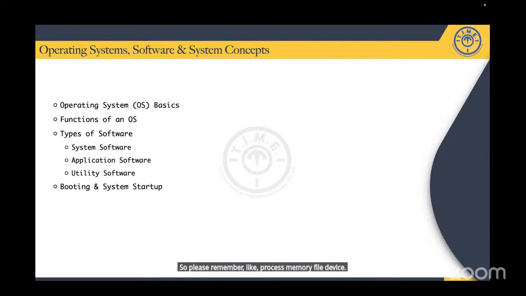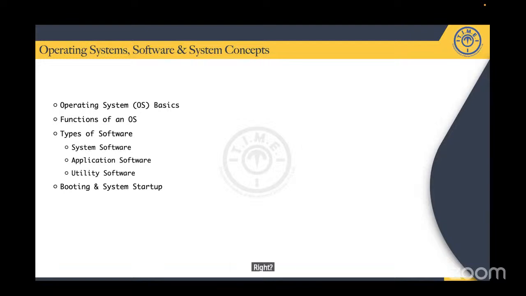Simple explanation is the OS decides what program runs, how much memory it gets, which file is accessed, which device works when. So these are all the four key functions: process, memory, file, and device. I repeat, which program runs, how much memory it gets, which file is accessed, which device works when.